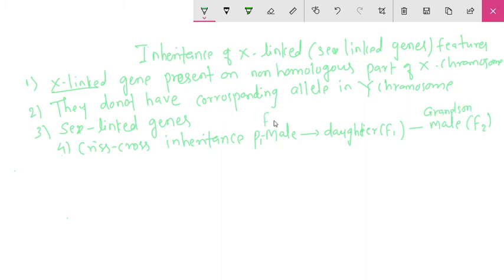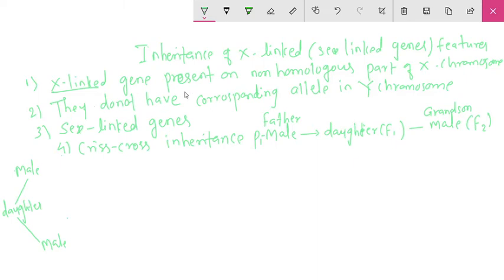Suppose it is the father: from father it is transferred to the daughter and to the grandson. That means from the male it is transferred to the daughter, and then from the daughter to the male. So it is the crisscross inheritance. Okay, so these X-linked genes show the crisscross inheritance.